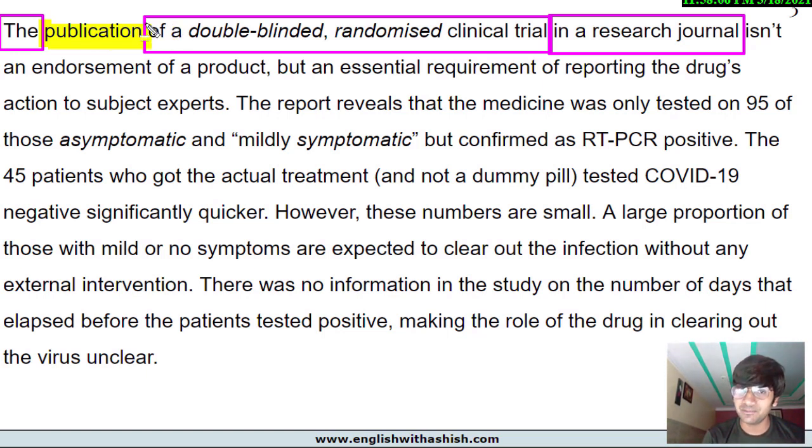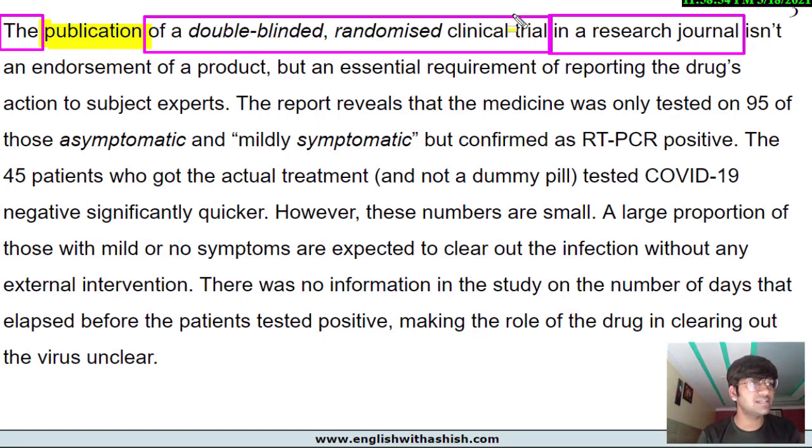So we have the preposition of followed by a noun phrase: a, indefinite article; double-blinded, adjective; randomized, adjective; clinical, adjective; trial is the noun. Just one trial, a double-blinded trial.